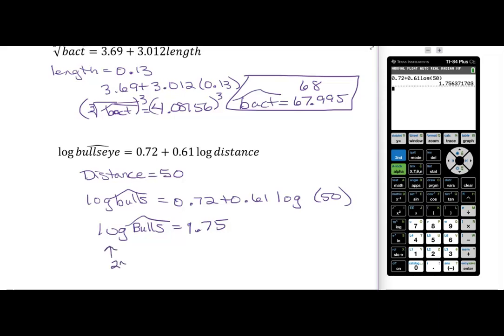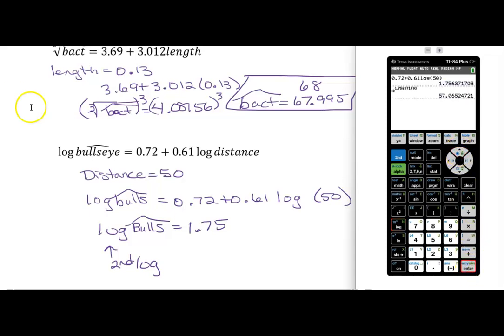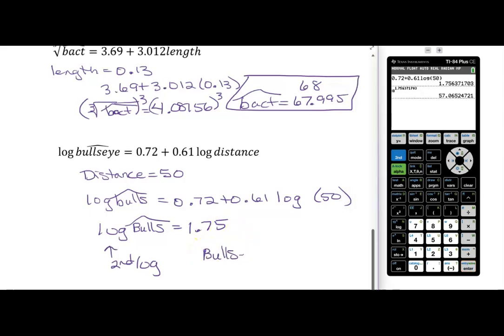So I hit second log, and then I go get that answer. And I hit enter. So then my predicted bullseye is 57.06, so 57.1, or actually 57.06 if I'm rounding to the hundredth.